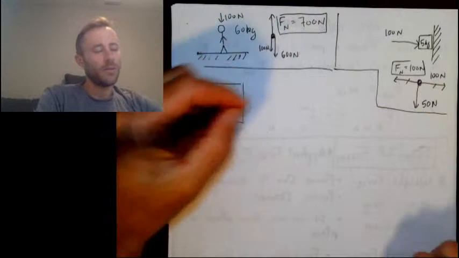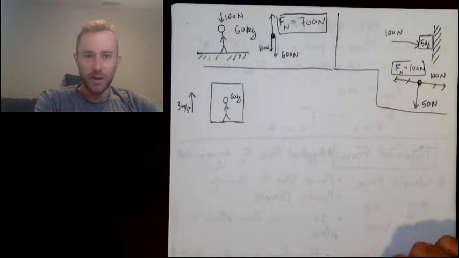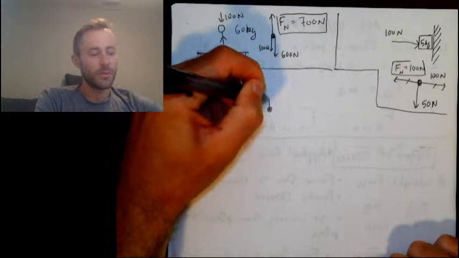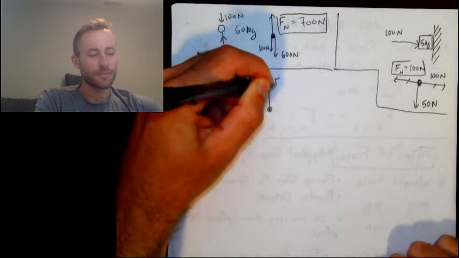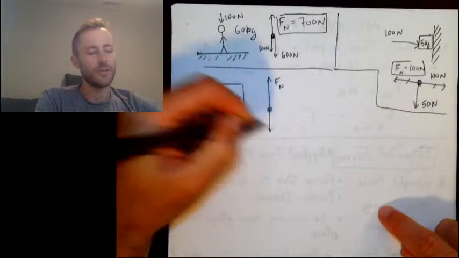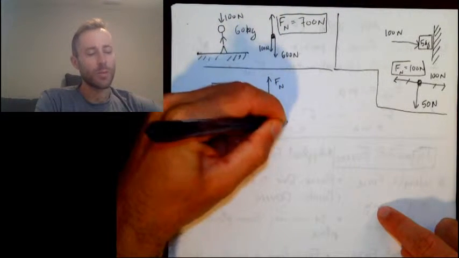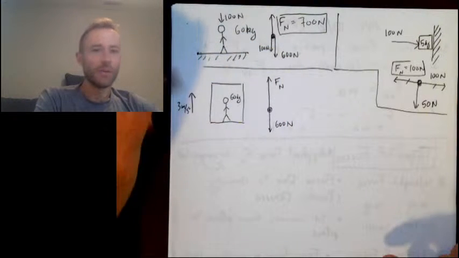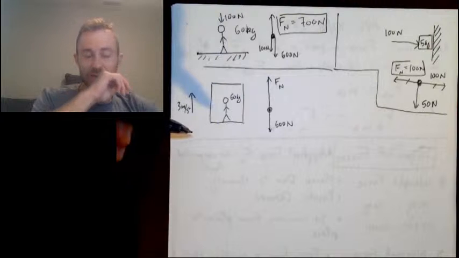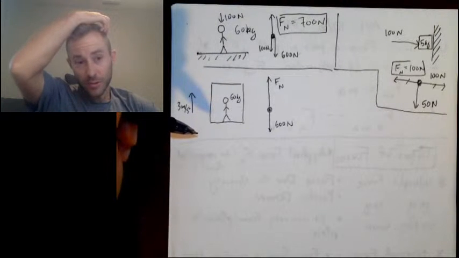So if we draw the free body diagram for this person, they have the normal force from the floor of the elevator, okay, and then they have the 600 Newton weight force going downward. But as I've drawn it here, the normal force is bigger than the weight force in this case.